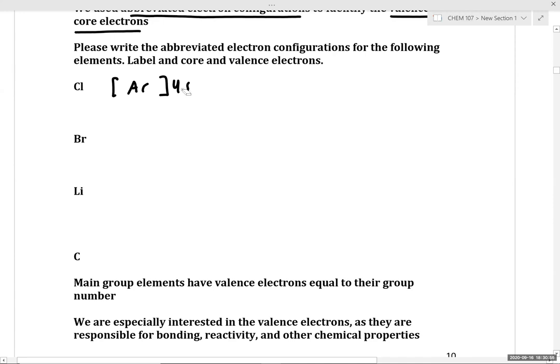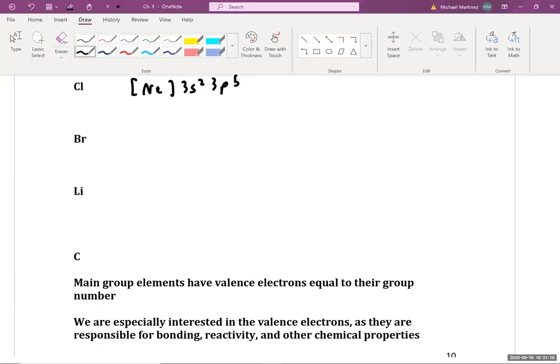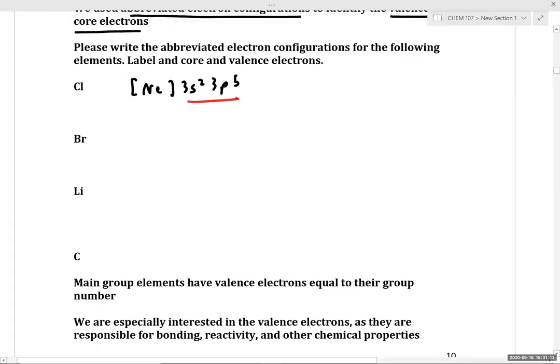Oops, sorry, I'm thinking of bromine. One moment. Chlorine would have the configuration of neon 3s2 3p5. So how many valence electrons does chlorine have as a 7A element? 7. Exactly right.